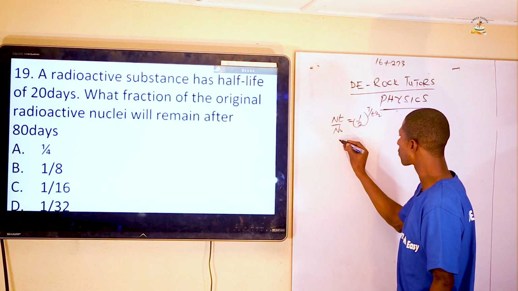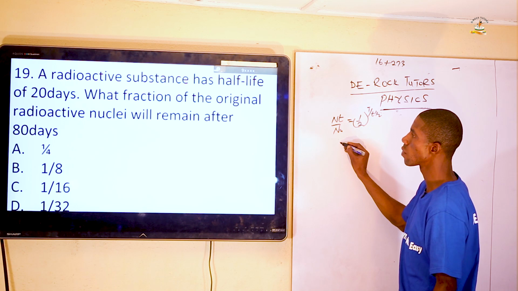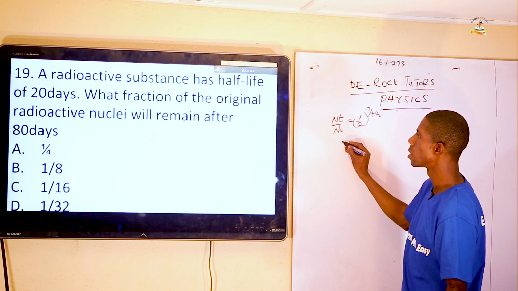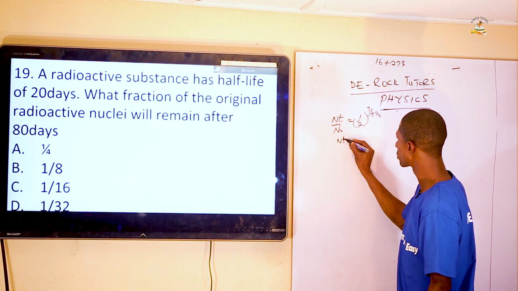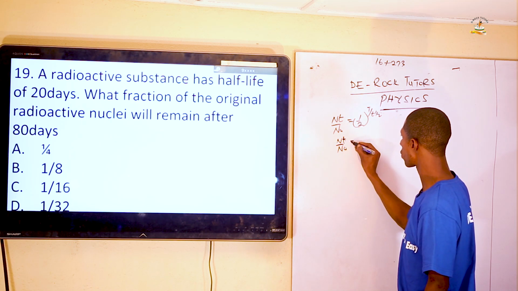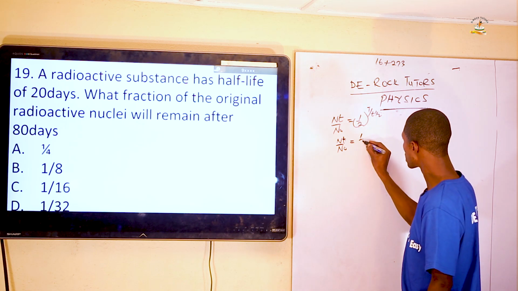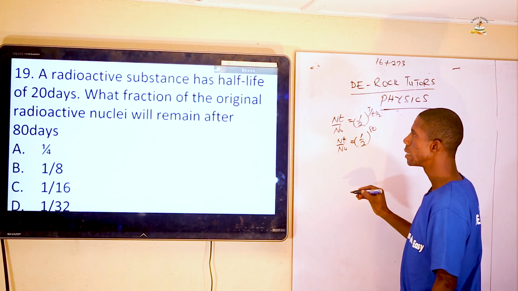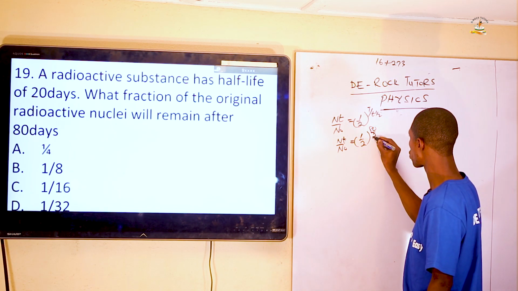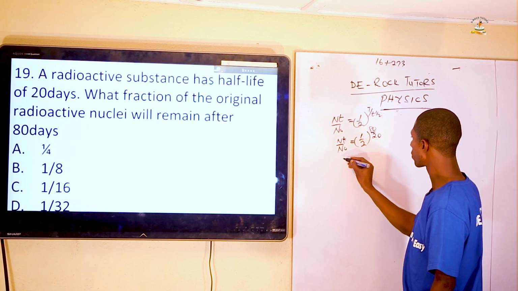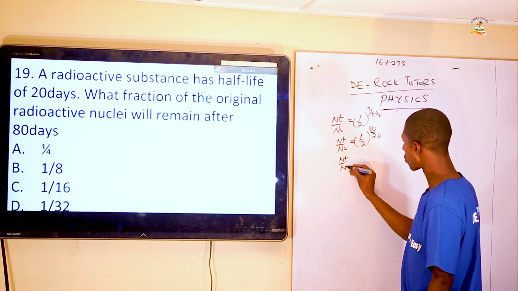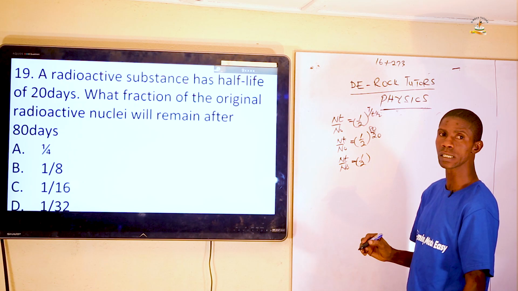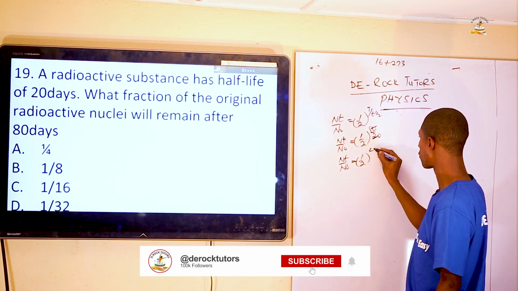So NT over NO equals half raised to the power, with 80 days given and a half-life of 20. How many times will 20 go in 80? It will go 4 times.